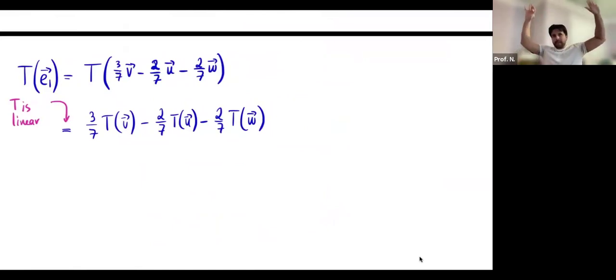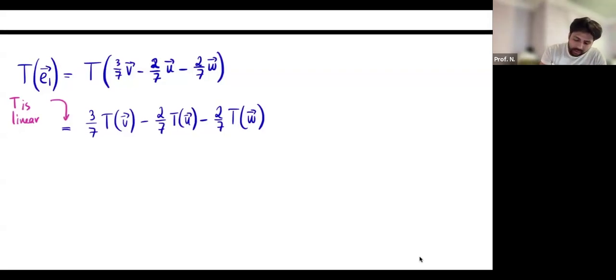That is the big idea. If you know where the standard basis vectors are mapped to, then for any vector you choose in the domain space, I know where that vector will go because I know where the standard basis vectors go. That's a very powerful thing.